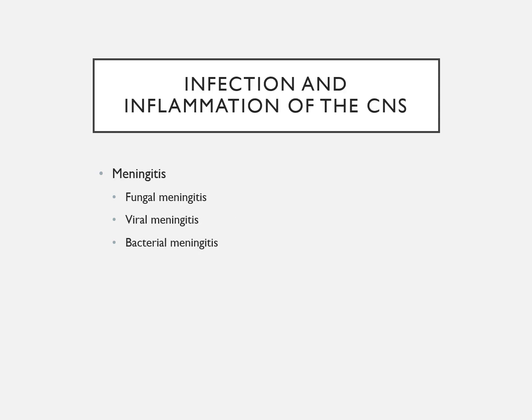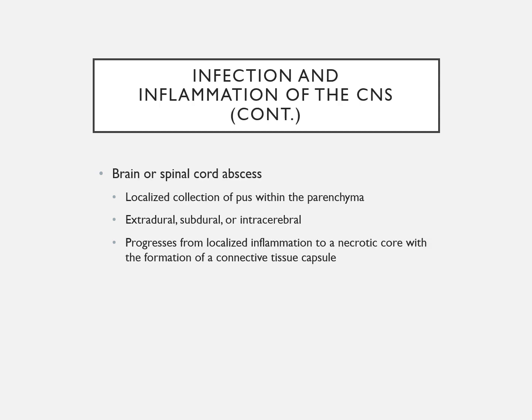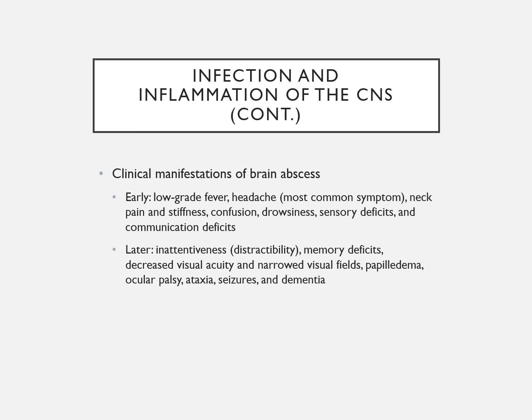Meningitis. There are three different types of meningitis: fungal, viral, and bacterial. Brain and spinal cord abscess can be localized collection of pus within the parenchyma, extradural, subdural, or intracerebral. Progresses from localized inflammation to necrotic core from the formation of a connective tissue capsule.